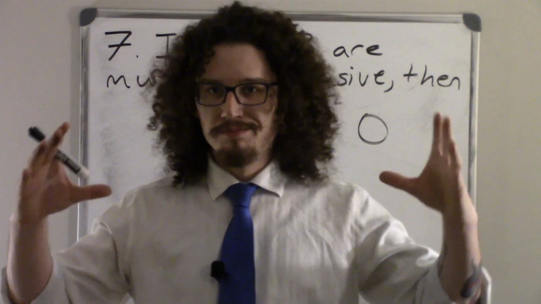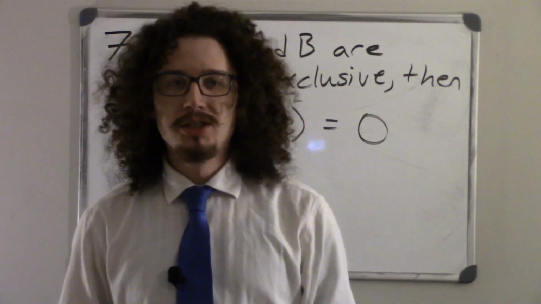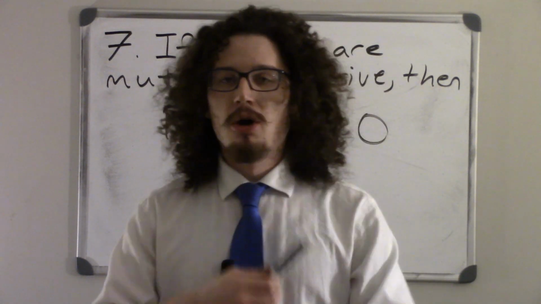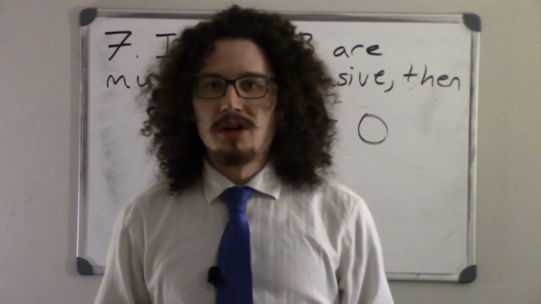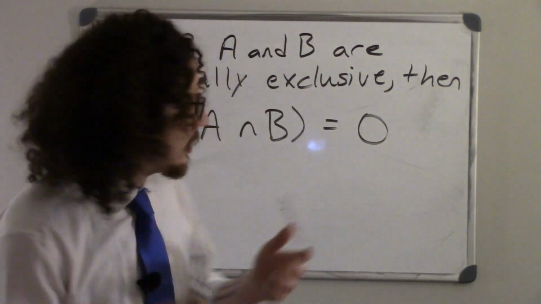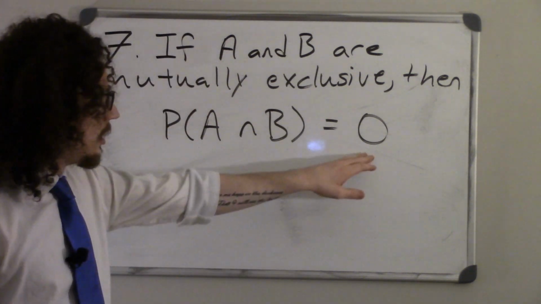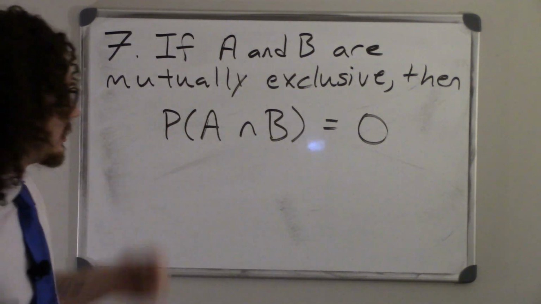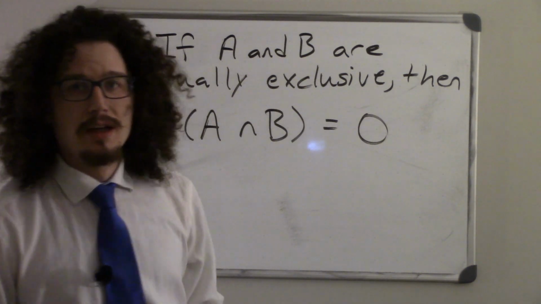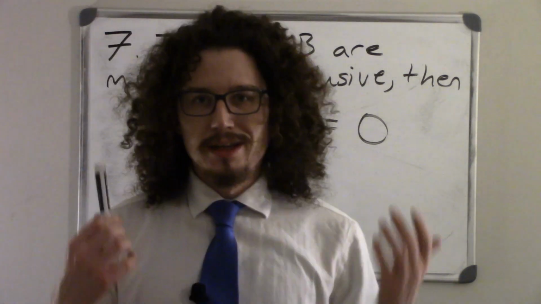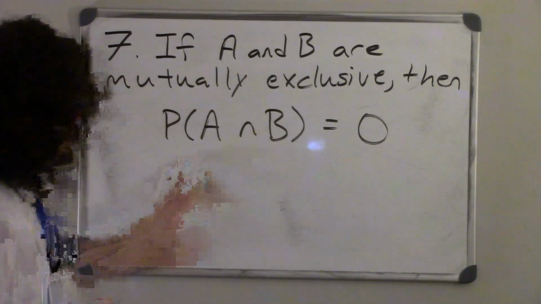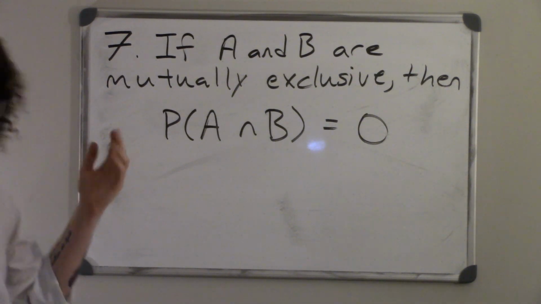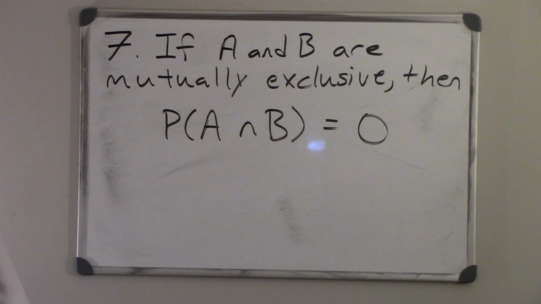The circles that represent the events don't touch. So there are 0 outcomes in the event of an intersection. And so the answer is 0, because if we divide 0 by anything, we're still going to get 0.